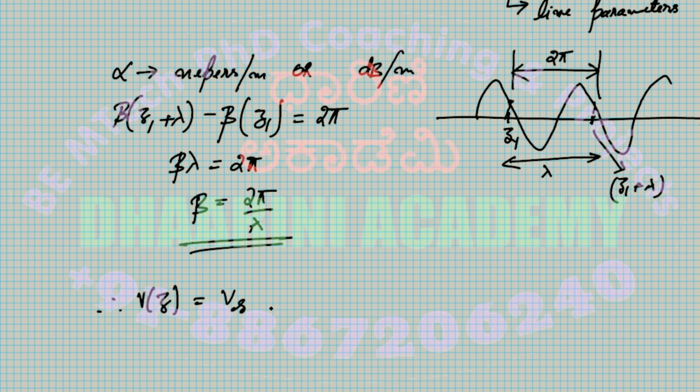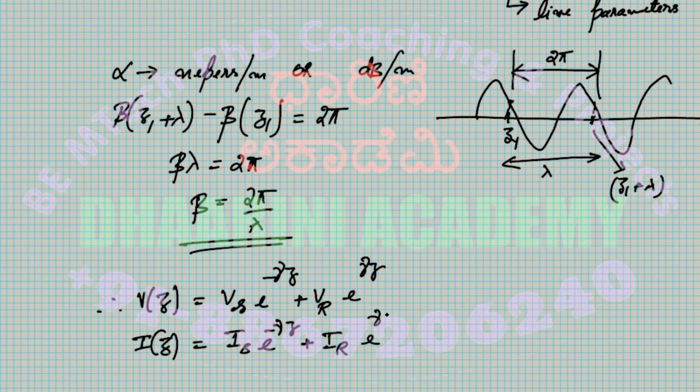Vs is the sending voltage, the voltage which I send to the line, e to the power minus gamma Z, plus there is a returning component, the reflected component, that is VR into e to the power gamma Z. Similarly, you can write the current I of Z is equal to Is into e to the power minus gamma Z plus IR into e to the power gamma Z.